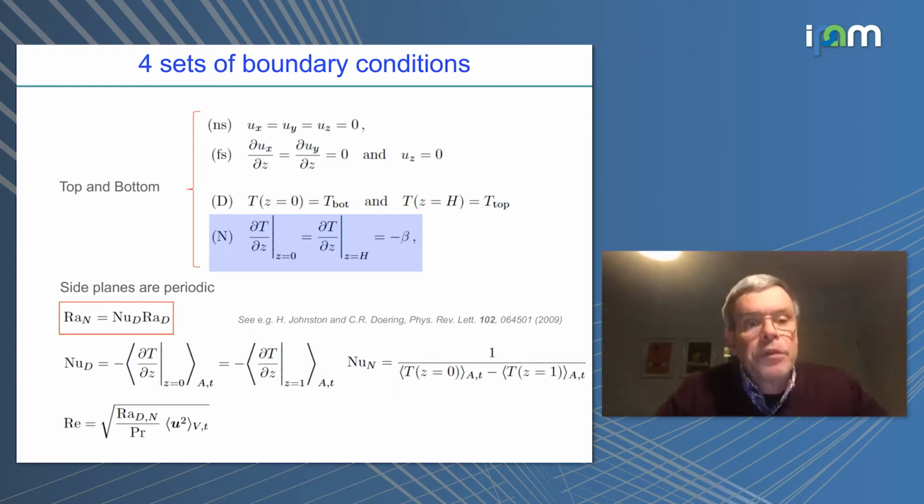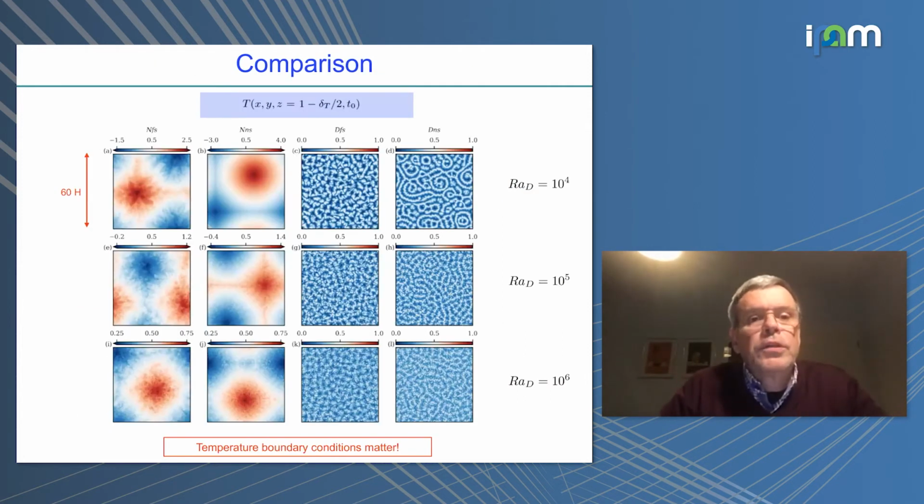So let's dive into the simulations. What you see here is a horizontal cross-section through the temperature field for a snapshot of the simulation. We are comparing the 4 different sets of boundary conditions: Dirichlet no slip, Dirichlet free slip, Neumann no slip, Neumann free slip. The planes are always taken below the surface inside the thermal boundary layer.